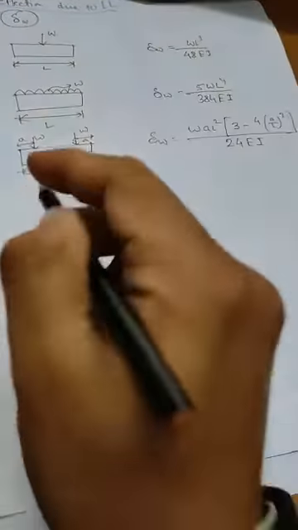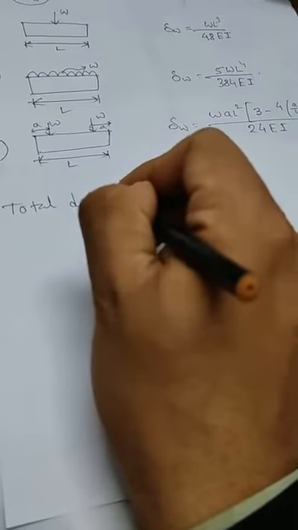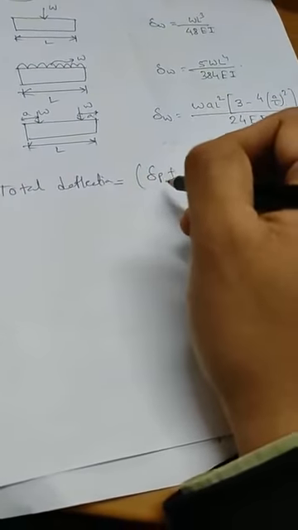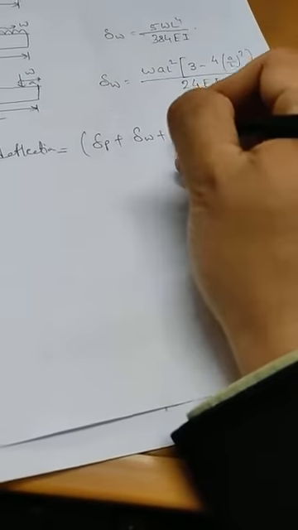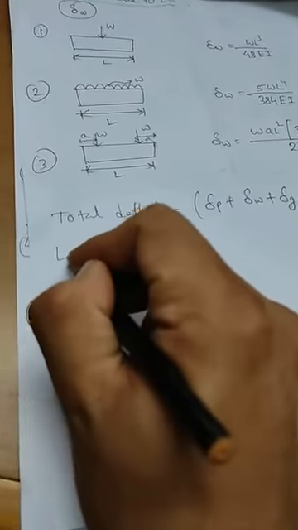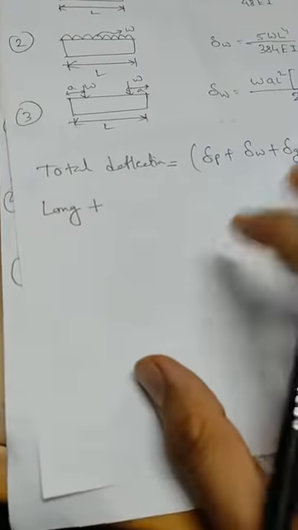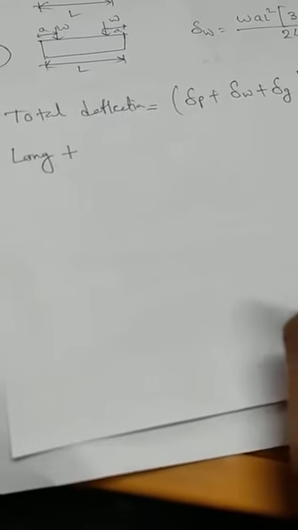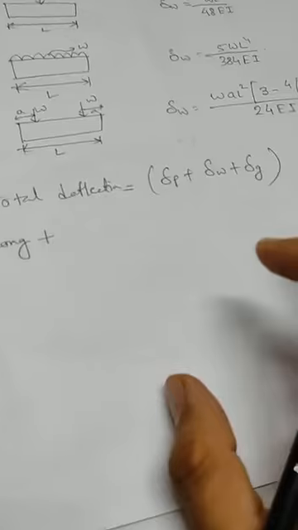Okay, now if we calculate the total deflection, we have to sum up all of these. That means del P, the deflection due to prestress, del W, the deflection due to live load, and del G, the deflection due to dead load. Now if we calculate the long term deflection, the deflection of a prestressed concrete beam is affected by creep throughout its loading history, and the prestress force tends to increase the upward deflection due to the creep of the concrete.